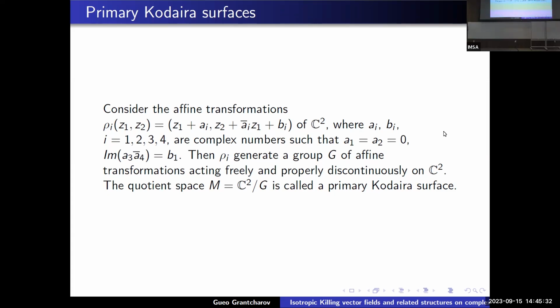You have this strange group generated by this type of linear or affine functions under that and that restriction, the result is you have a well-defined, free and properly discontinuous acting group with a compact quotient, which is a primary Hopf surface. The reason I'm using this description is because it gives nice global coordinates for representation, the global coordinates of C2.